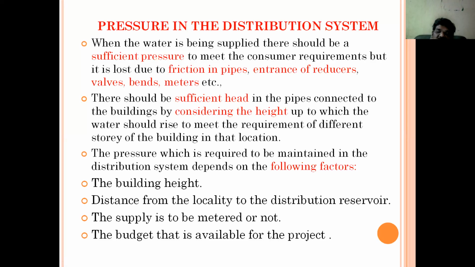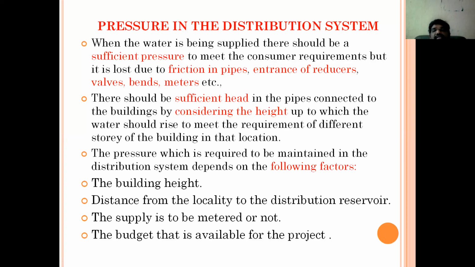What are all the factors we must consider, especially to maintain the pressure in the pipes carrying water to the buildings? The building height has to be considered. The first 2 points we discussed more elaborately in the previous session itself.